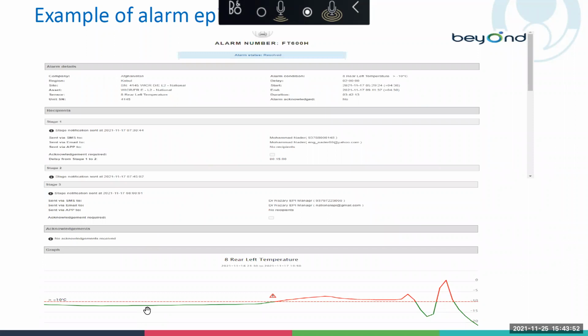So this is an example of an alarm episode that occurred in Kabul last week. As you can see, at stage one the notification was sent immediately to the designated staff at the Kabul region, and action was not taken. So the next stage was the national region, as you can see, with the name of the EPI manager.